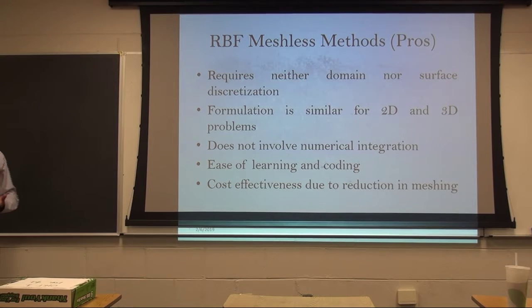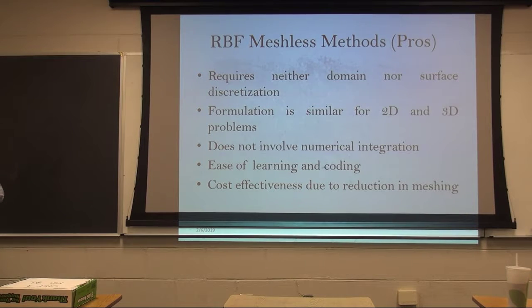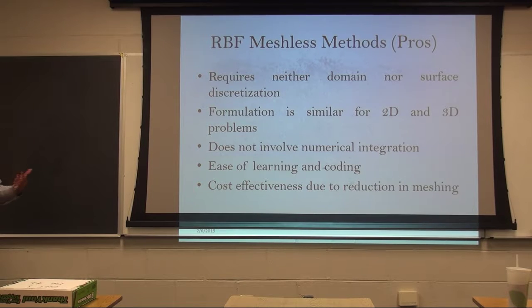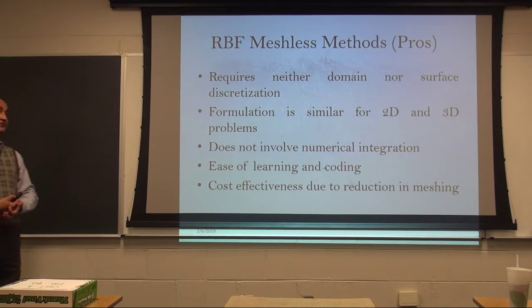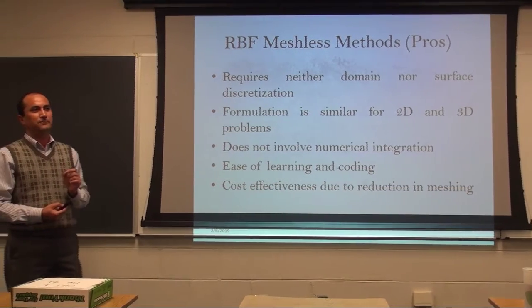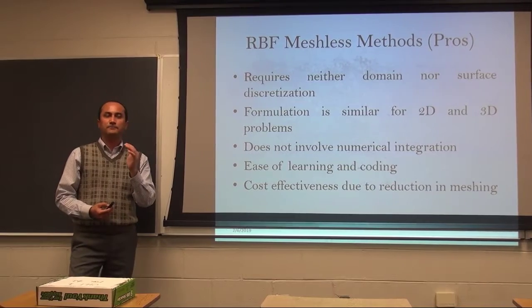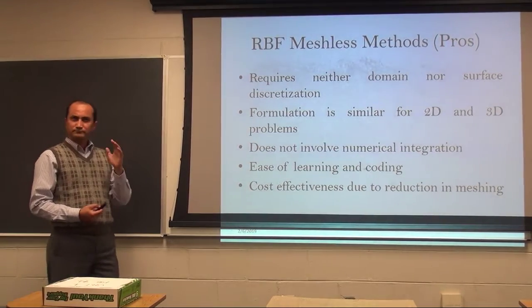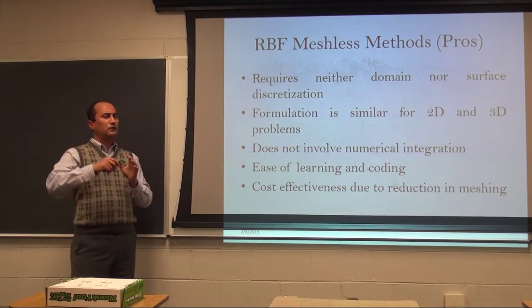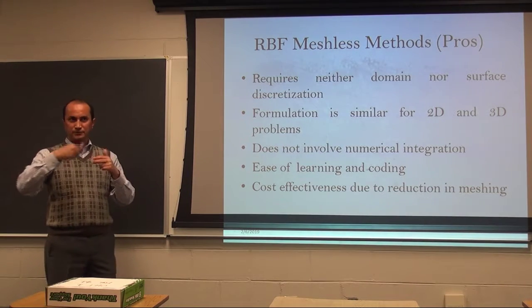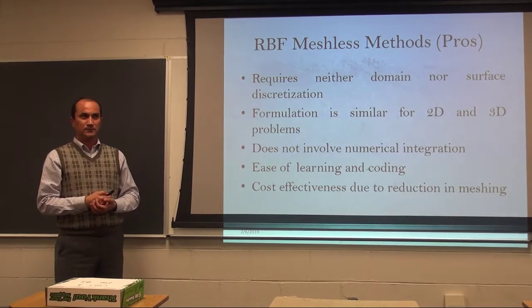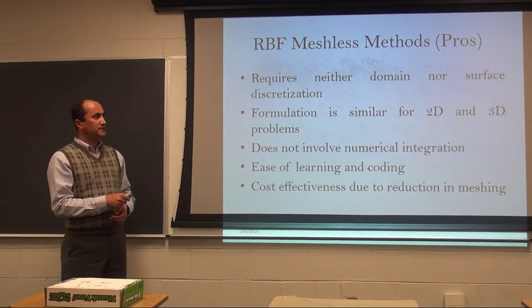Compared to the mesh-based method, the meshless method requires neither domain nor surface discretization, which is the hardest part in the mesh-based method, where you would take piecewise polynomial functions to do the discretization. Here we just take the radius.